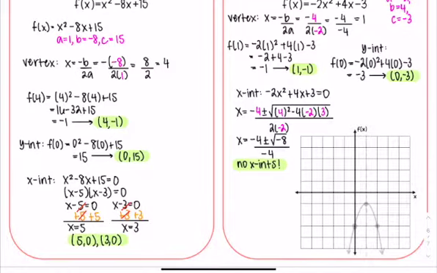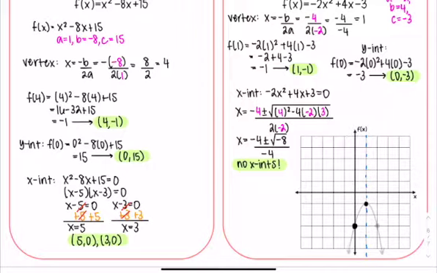So let's go ahead and plot our points that we do have. We have our vertex at 1, negative 1. We have our y-intercept at 0, negative 3. And so the shape of a parabola is always going to have an axis of symmetry down the vertex so that it mirrors this axis of symmetry.